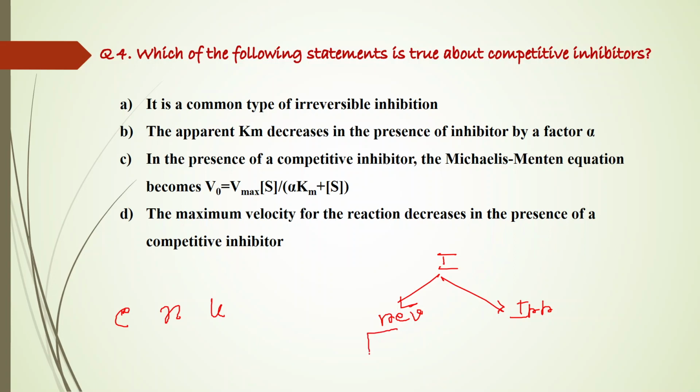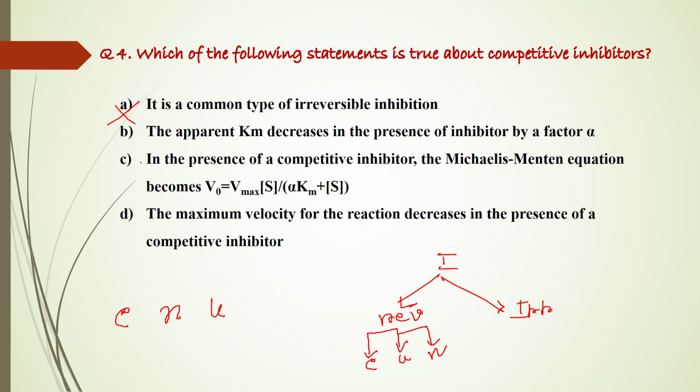Then out of reversible, there is competitive, uncompetitive and non-competitive inhibition. So obviously, competitive inhibitor is a type of reversible inhibition. So the statement that is given here, that it is an irreversible mechanism, is actually false. So we can very easily omit the first option.